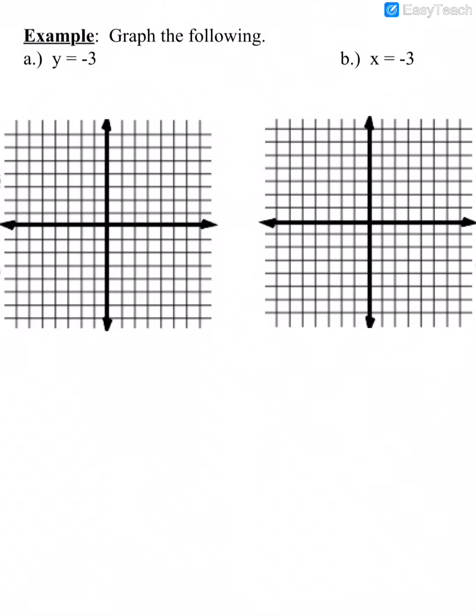Now, to graph one of those types of equations is very simple. If we're going to graph the first equation, y equals -3, we're going to go on our y-axis, just like it says, y equals -3. So on our y-axis, we're going to go to -3 and put a dot.